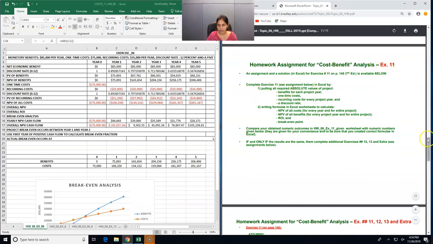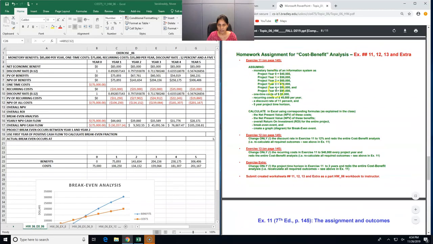Here you have the values for exercise 11, and then we have small changes: in exercise 11 the discount rate is 11%, and in exercise 12 it's changed to 12%. Similarly, this 45,000 per year is changed to 40,000 per year, and we have an extra exercise where the time horizon is changed from 5 years to 3 years. So we have to redo the cost benefit analysis for these 3 scenarios as well.